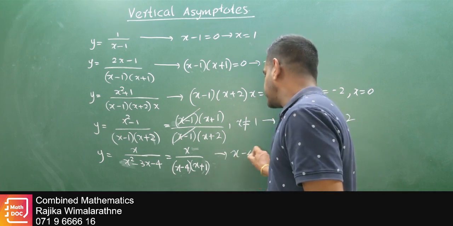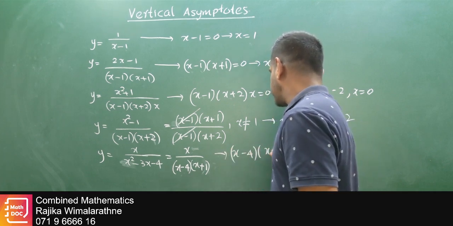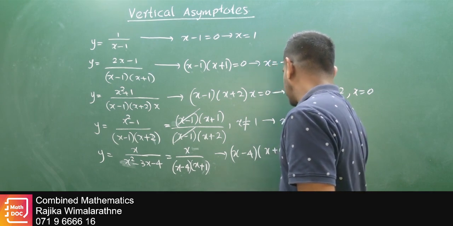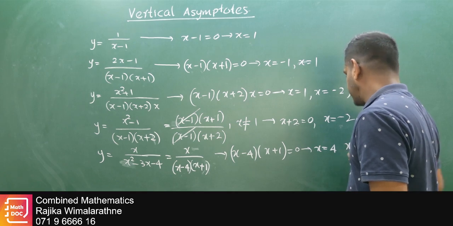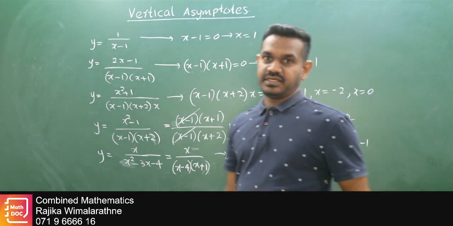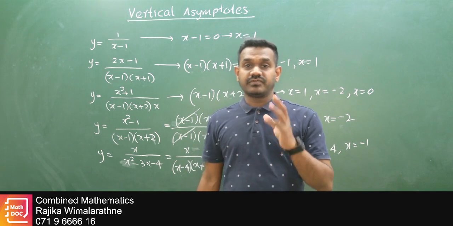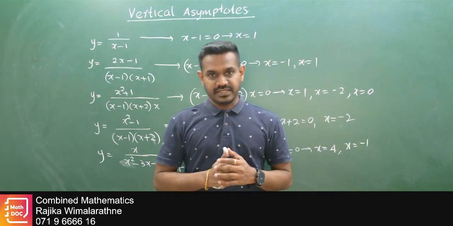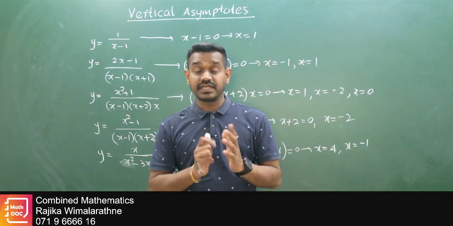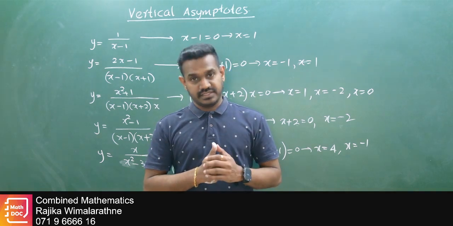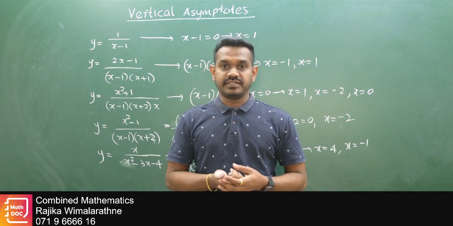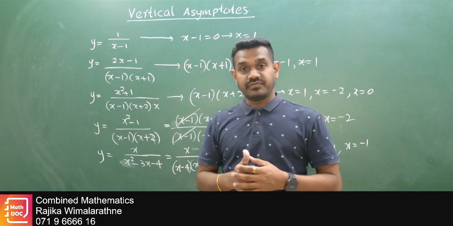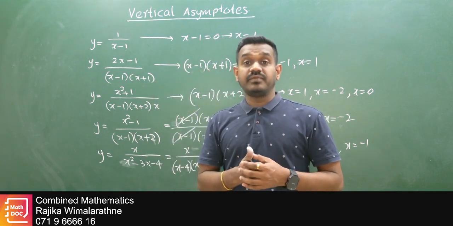Take the denominator x minus 4, x plus 1 equals 0, so x equals 4 and x equals minus 1. Those are the denominator zeros, and those vertical asymptotes we obtain from the denominator zeros. Those are imaginary vertical lines on a function. Denominator zeros are undefined for the function. That's why the vertical asymptote is very important when you are doing mathematics.